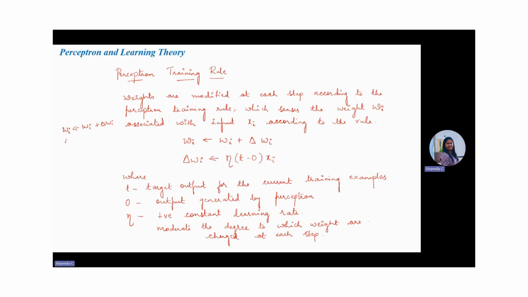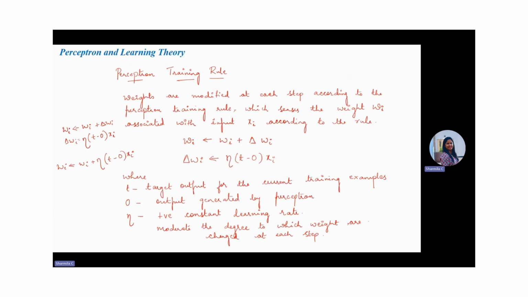So what is this delta wi? Delta wi is equal to some value nu into t minus o into xi. Finally, you can also write wi plus nu into t minus o into xi.